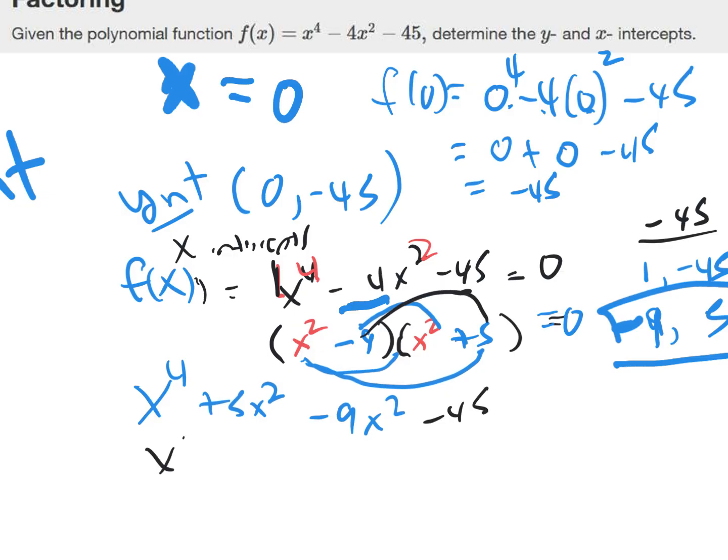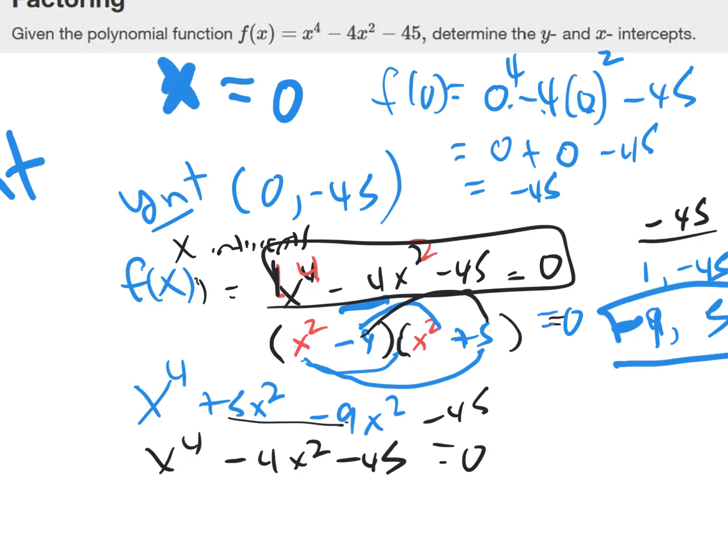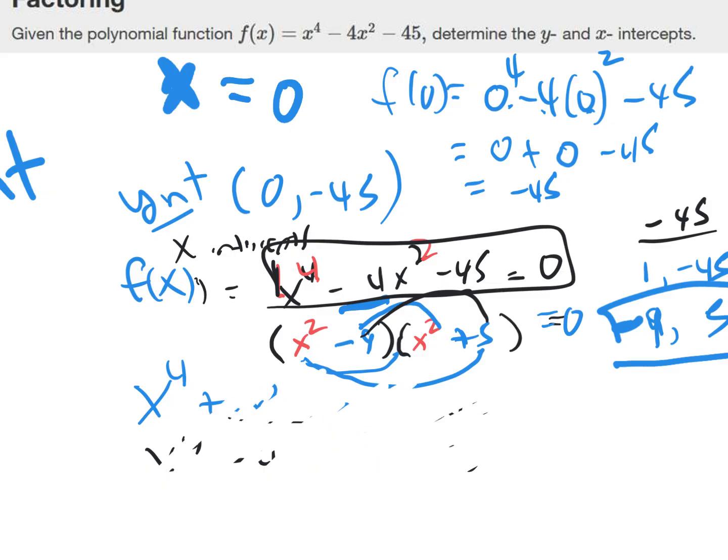That turns into x to the 4th, and there are more negatives than positives, so I subtract: negative 4x squared, bring down the minus 45, set equal to 0. It's the same thing as I have right here. Are you convinced? I hope so, because I'm getting rid of the evidence. That was just a factoring trick. If you want more of that, let me know, and we can do that.